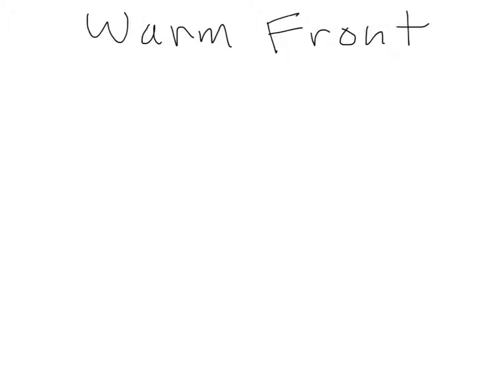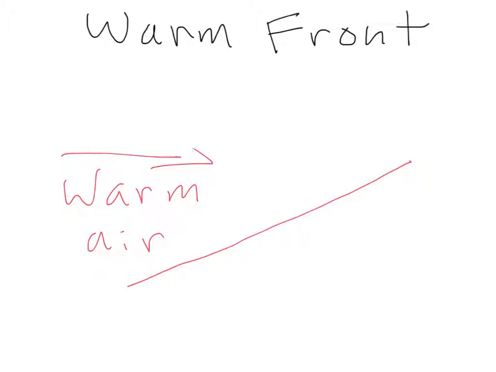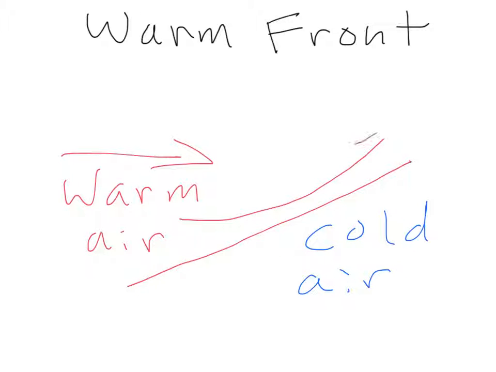A second type of front is what we call a warm front. This is where you have a warm air mass that pushes or runs into a cold air mass, and because warm air is less dense than cold air, it pushes it gradually out of the way, and this warm air again gets lifted, though not quite as much as with the cold front.